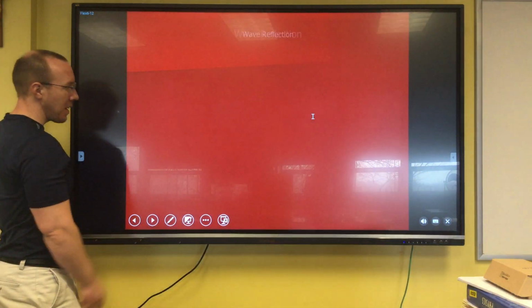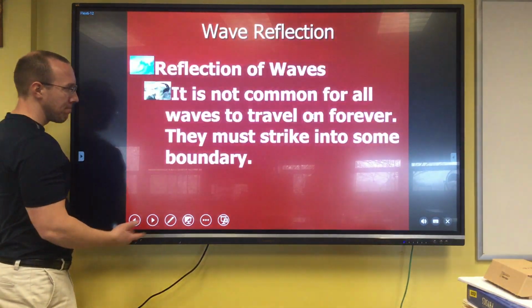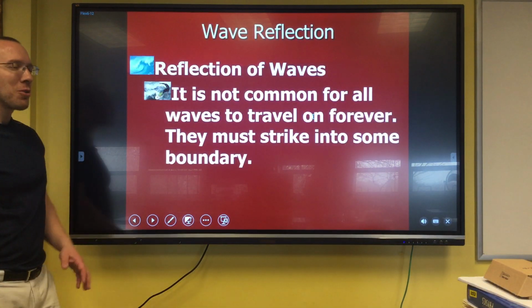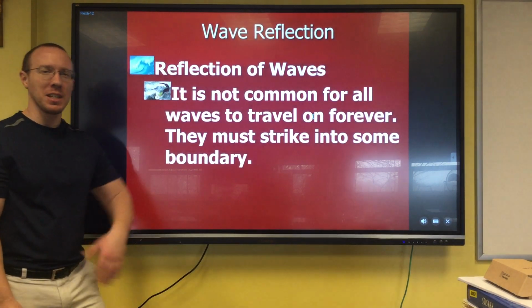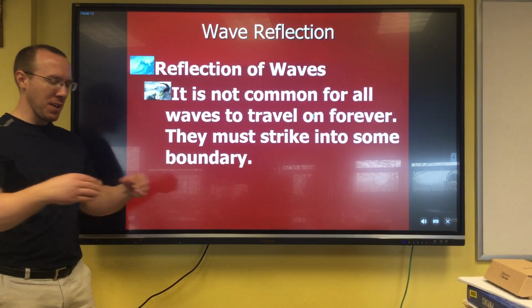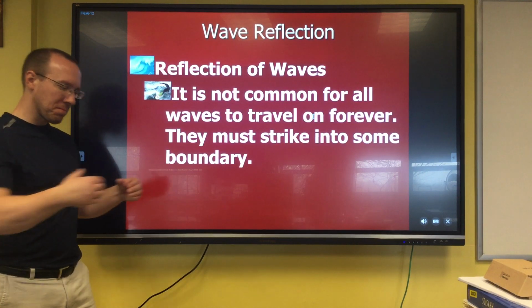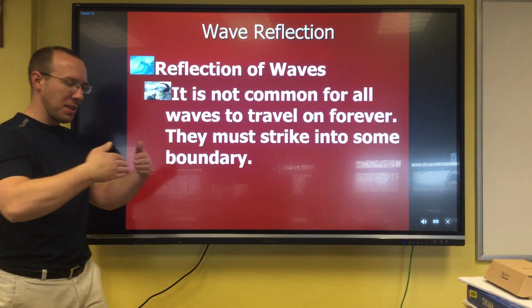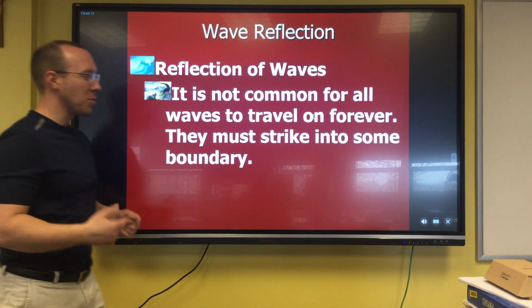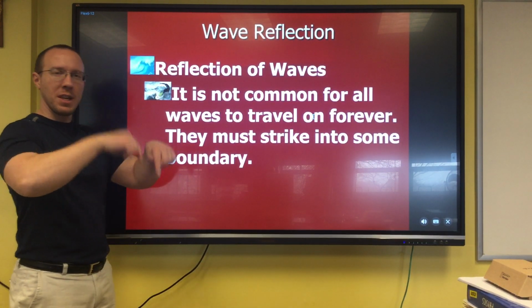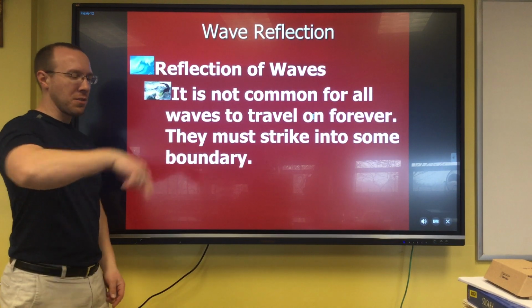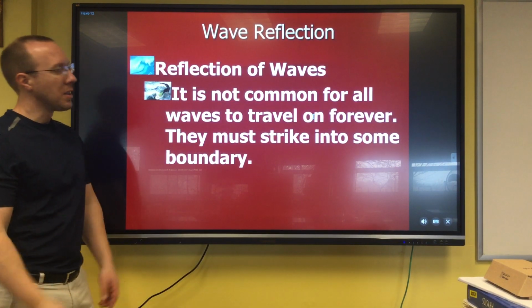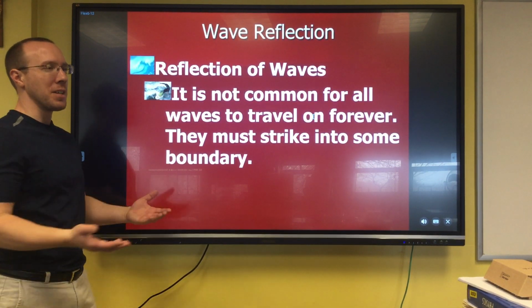All right, reflection of waves. We would try to use a ripple tank or show this in class somehow, where you have flat waves, or basically if you take a flat block of wood and you just go like this, it creates a nice flat wave. That's one type, and then you have point source waves, where you're just hitting water with your finger and it's creating these round waves. So what happens when those hit barriers?